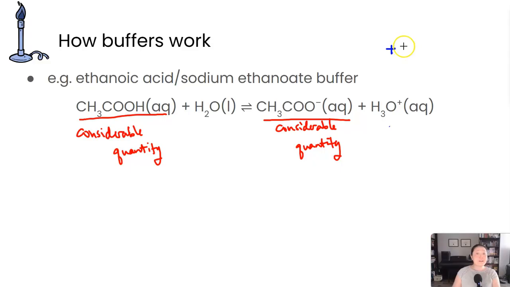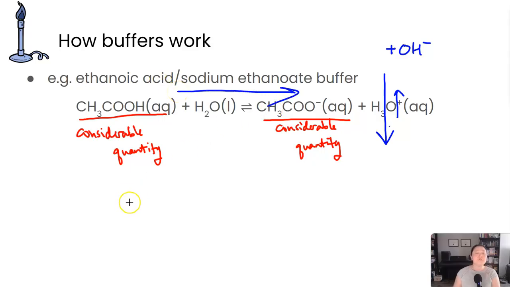Now, if instead you added a bit of hydroxide to it, you try to increase that pH a bit, what will happen is that hydroxide is going to react with the hydronium ions that are there, produces water, and so you would be decreasing the hydronium ion concentration. Now, because we have a system in equilibrium, it is going to shift to reduce the stress of that.